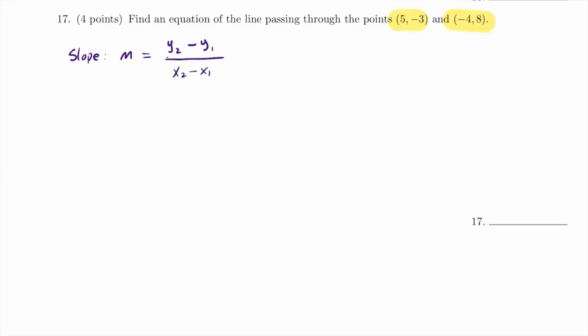Let's label our points, call this one x1, y1, x2, y2. Substitute them in here, so you'll have 8 minus negative 3 over negative 4 minus 5. So this would be 8 minus negative 3, that's 11, over negative 4 minus 5, that's negative 9. So that's our slope. Now let's go ahead and write the equation of the line.